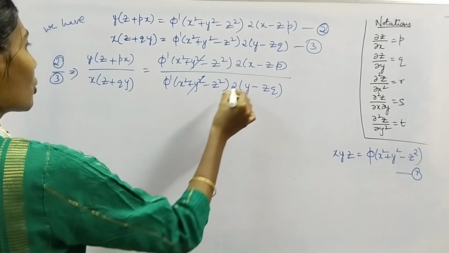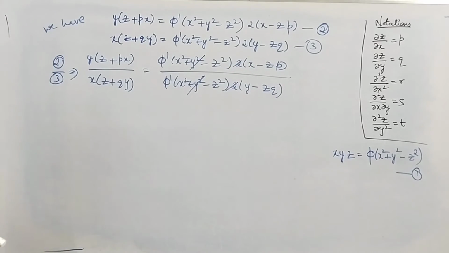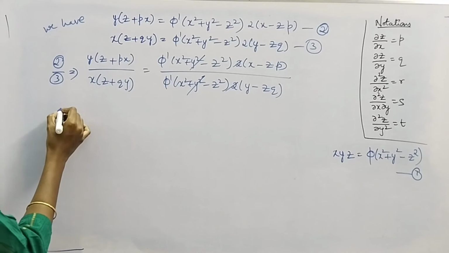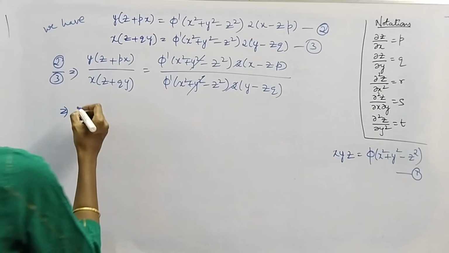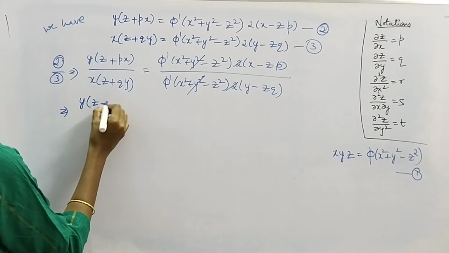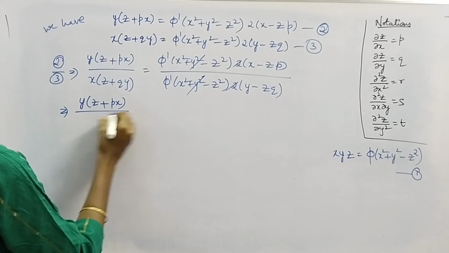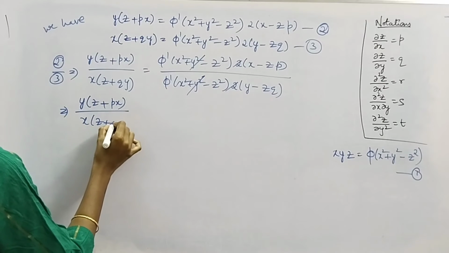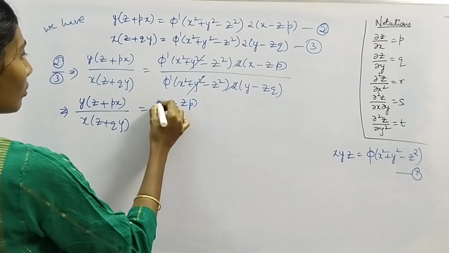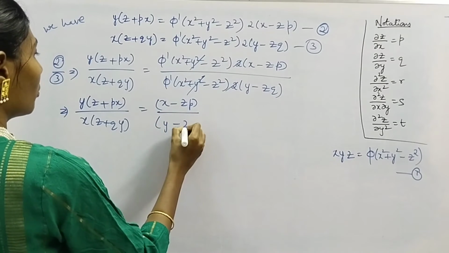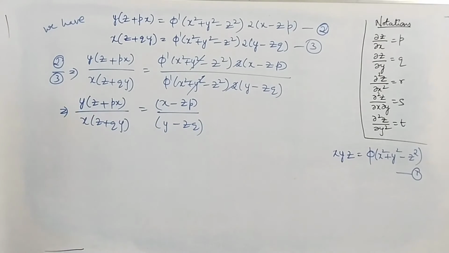We can cancel phi dash of x square plus y square minus z square in 2, and this gives us the equation equal to x minus zp by y minus zq. Now we need to simplify it.